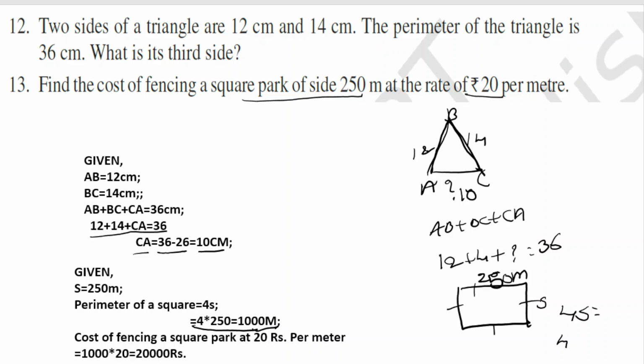And you know that per meter it is costing 20 rupees. So the cost of fencing the square park at 20 per meter is 1000 into 20. Per 1 meter it is 20 rupees. For 1000 meters it is 1000 into 20. That is nothing but 20,000 rupees required to fence the square park.